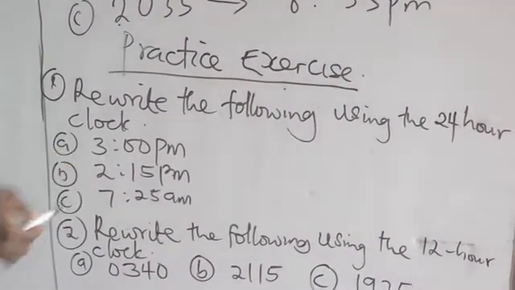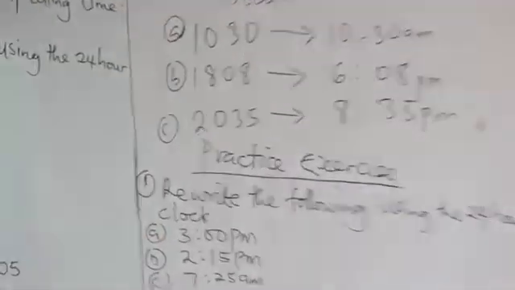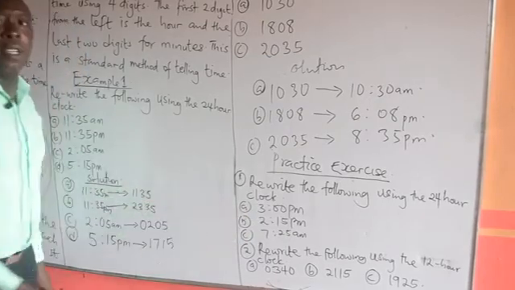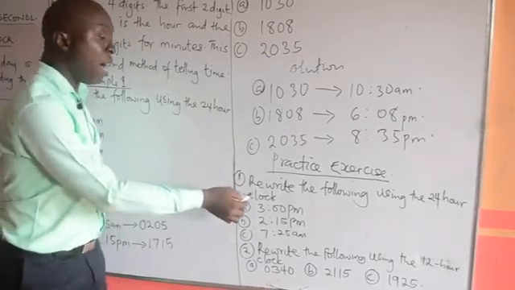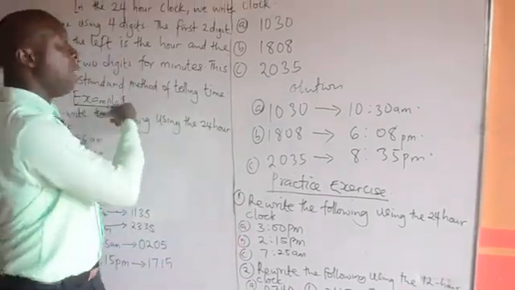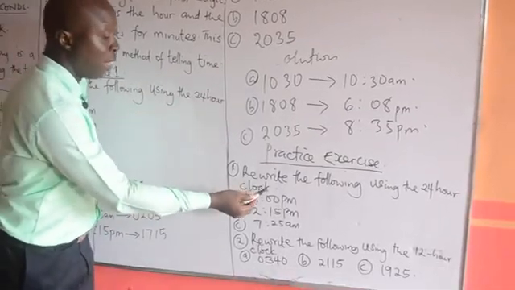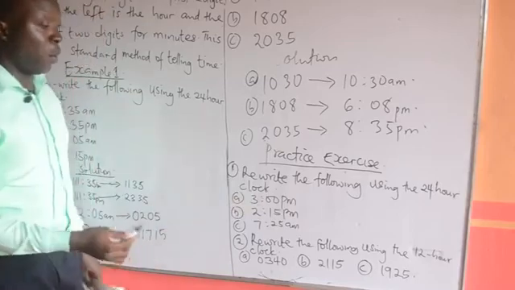That is, we have to convert this time to 24-hour clock. We convert this time using the example we have on the board. If you follow the example on the board, you should be able to write this time correctly.